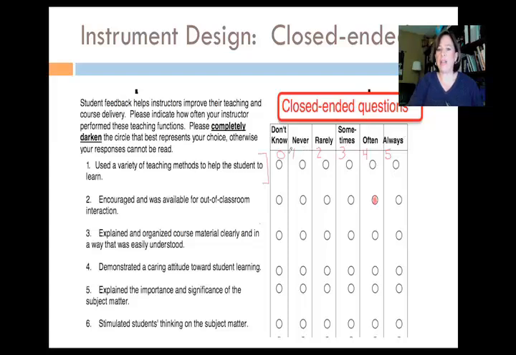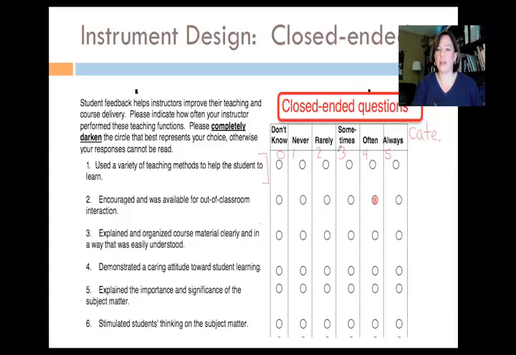With this type of rating scale, how are these variables measured? Are they nominal, ordinal, interval, or ratio? Well, they're not numerical, so they're definitely categorical response categories. And they can be ordered.